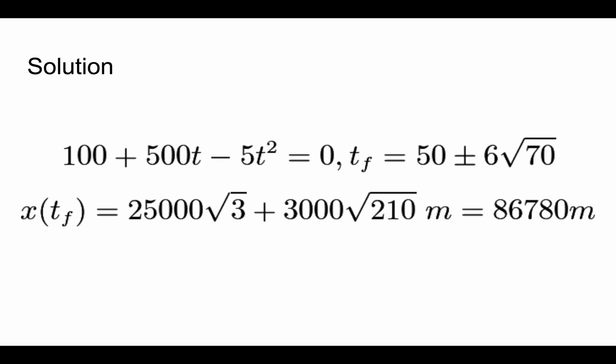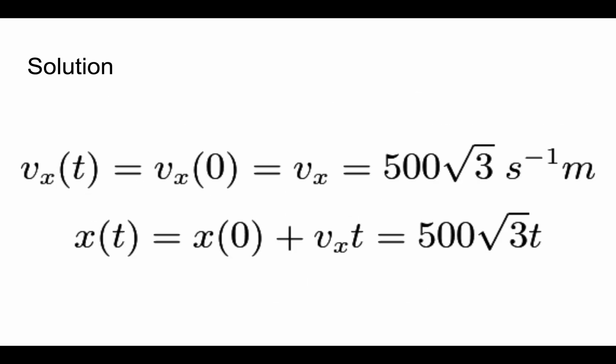So to find x, which is how far it travels, since x of 0 is 0, and we want to find the horizontal distance it travels, we find x of t at t sub f.